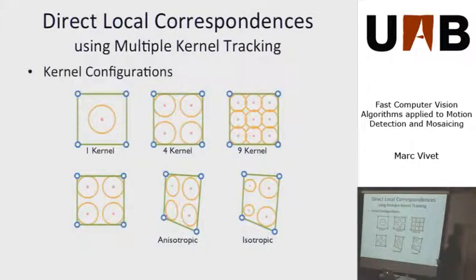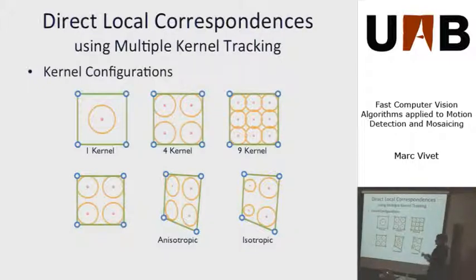Here, again, we have used kernel tracking, and we have tested different configurations using 1, 4, and 9 kernels to represent a region. The more kernels, the better, but we have seen that 4 kernels is enough to have a middle ground between accuracy and computational time.